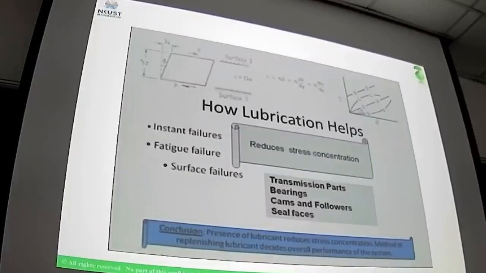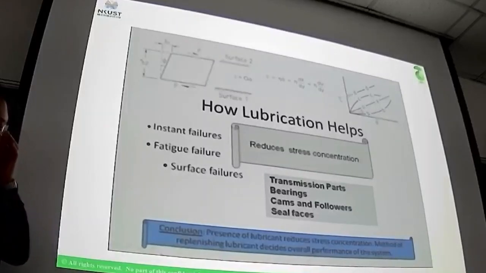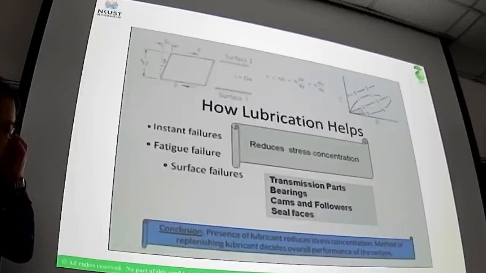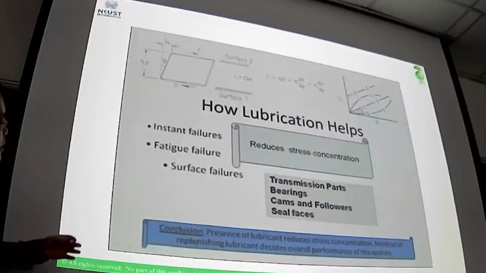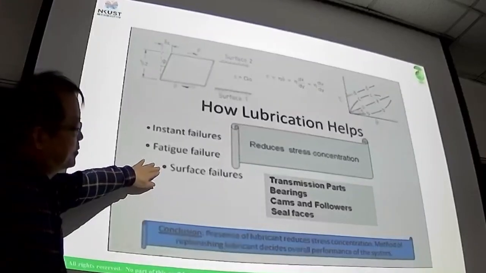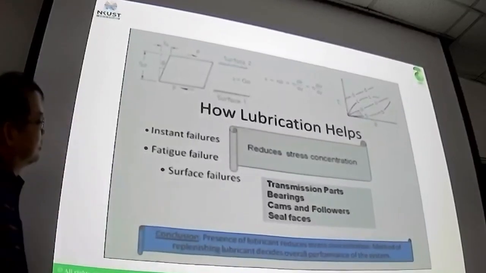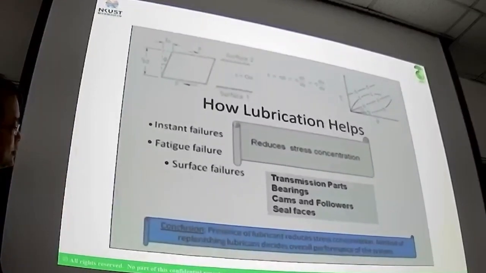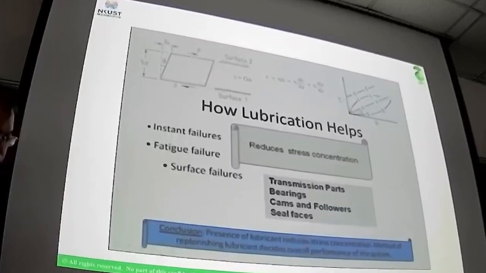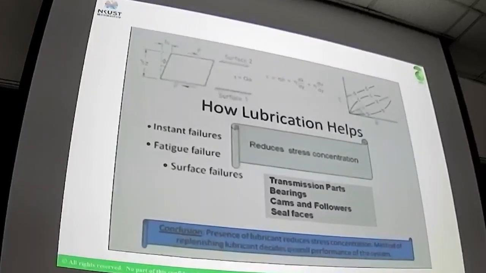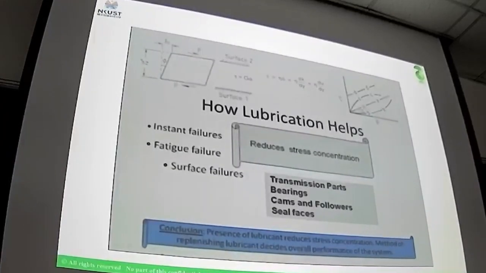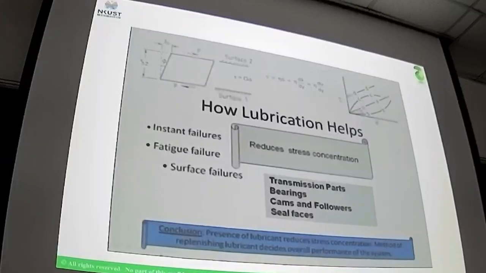If you don't have any lubricant between the interfacing, a relative motion between the tribological pair, it may cause some face failures. Because if you have friction, then you will have some wear of the material. Then in that case, you will have a premature service life.